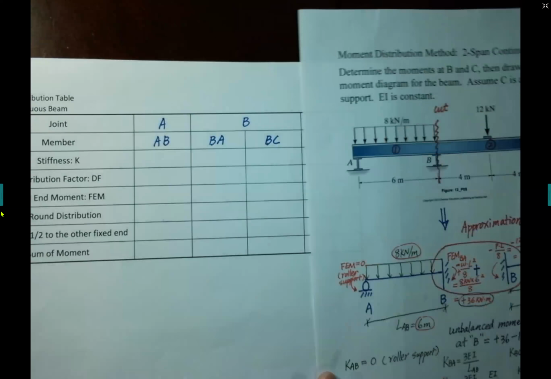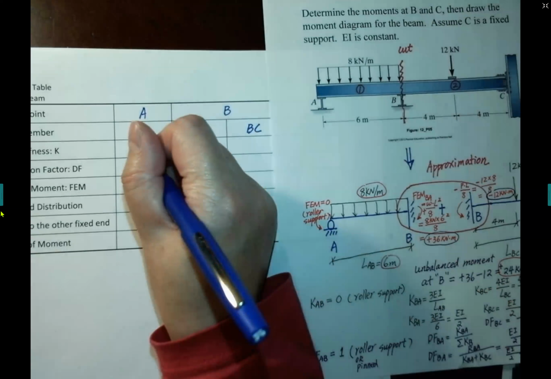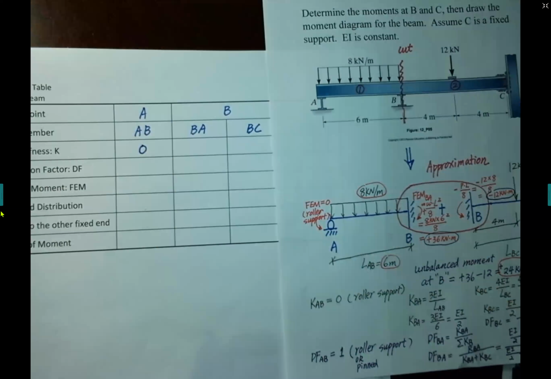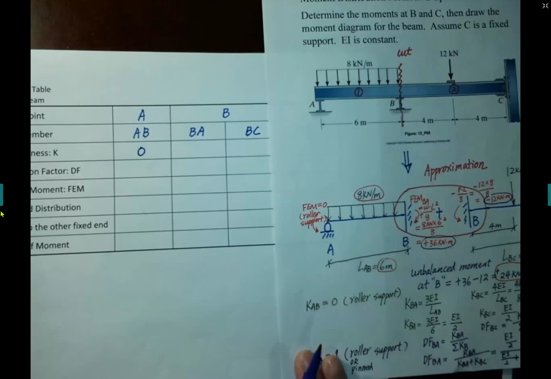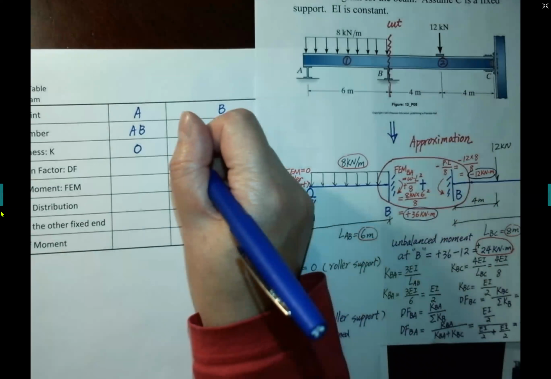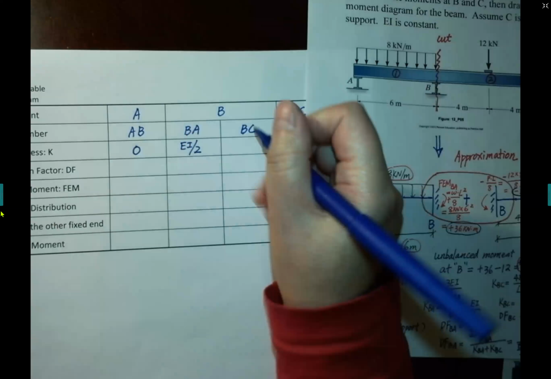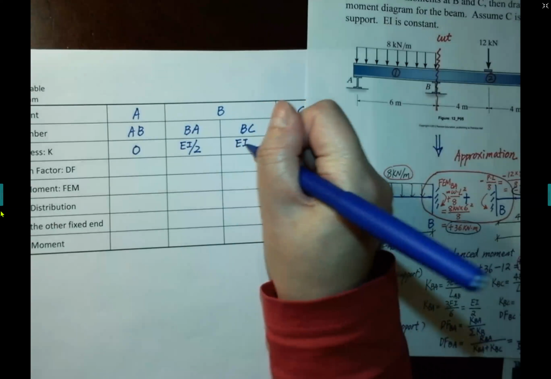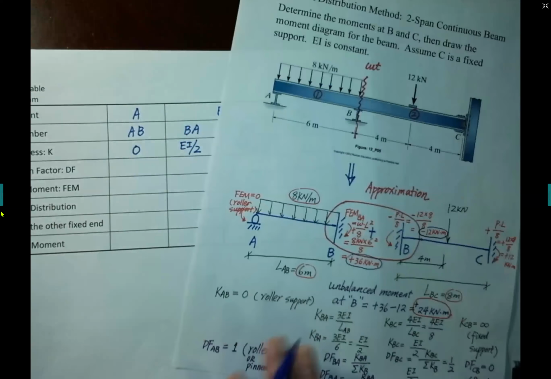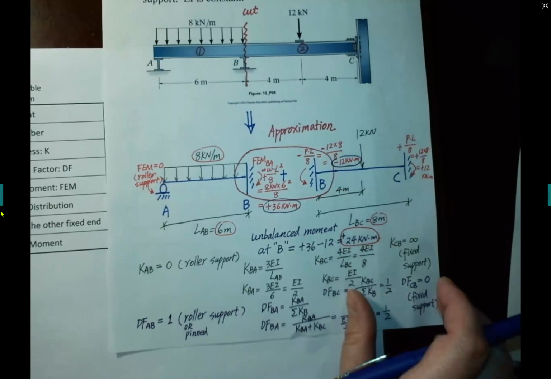Then we put the stiffness factor according to our calculation. So AB, 0, because it's a roller support. And KBA equals EI over 2. And KBC also equals EI over 2 based on our calculation. And KCB equals infinity because it's a fixed support.